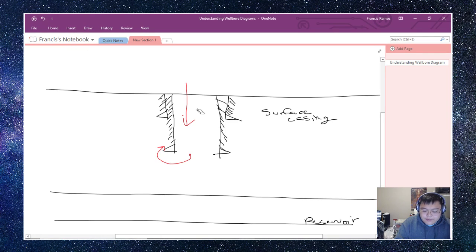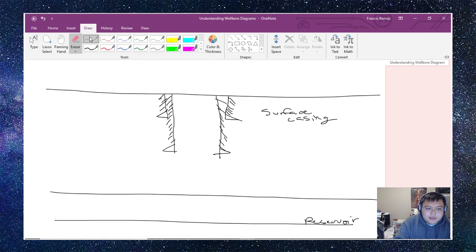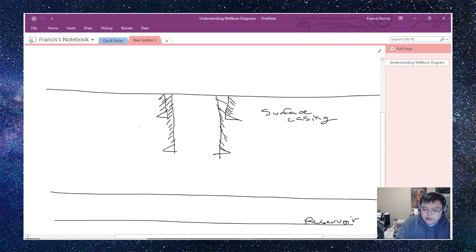the cement dries, it hardens, it keeps its place, and then you're ready to set your next set of casing. So, but this set of casing, let's call it intermediate casing.